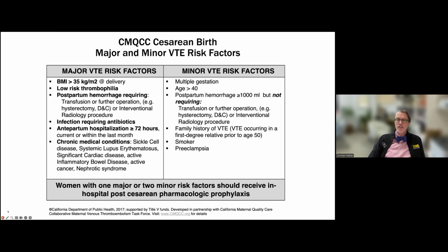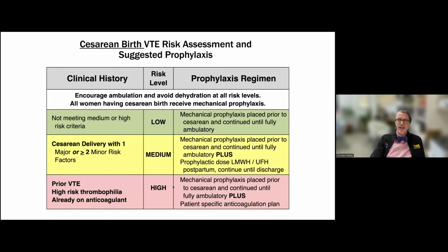Patients with one major or two minor risk factors who also have a cesarean would get in-hospital pharmacologic prophylaxis. So something like Lovenox for the 3 to 4 days that they're in the hospital. And then that would be discontinued after discharge. So again, another way to look at it is a patient with a cesarean birth, their risk assessment.